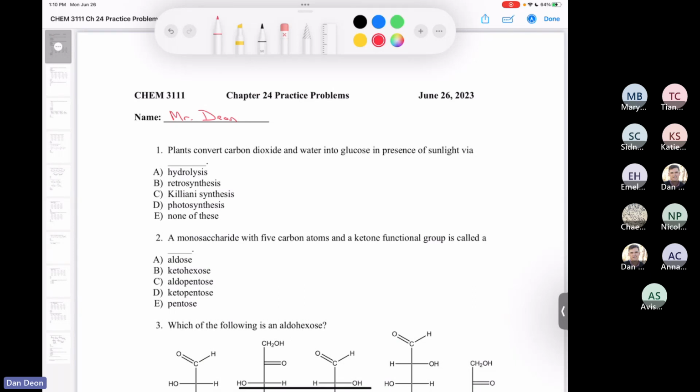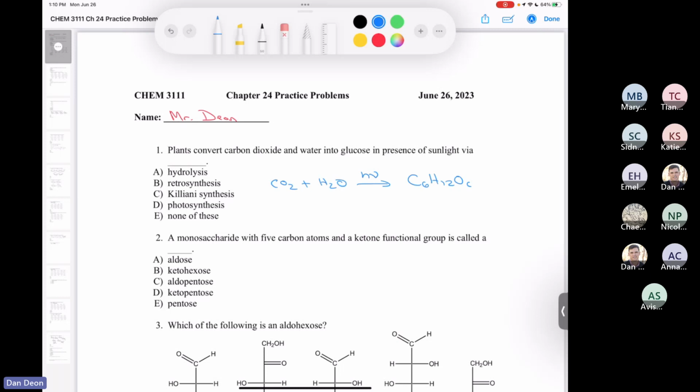I bet everybody could have answered the first question without even having read the chapter. It says plants convert carbon dioxide and water into glucose in the presence of sunlight. So what a plant can do is take CO2 and H2O, and put them together in the presence of sunlight, I'll just put hν, and it can make glucose, which is C6H12O6.